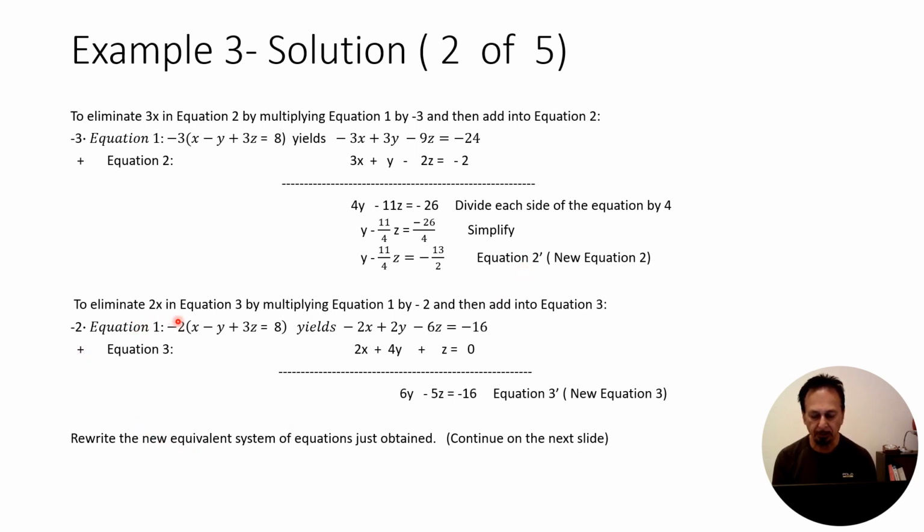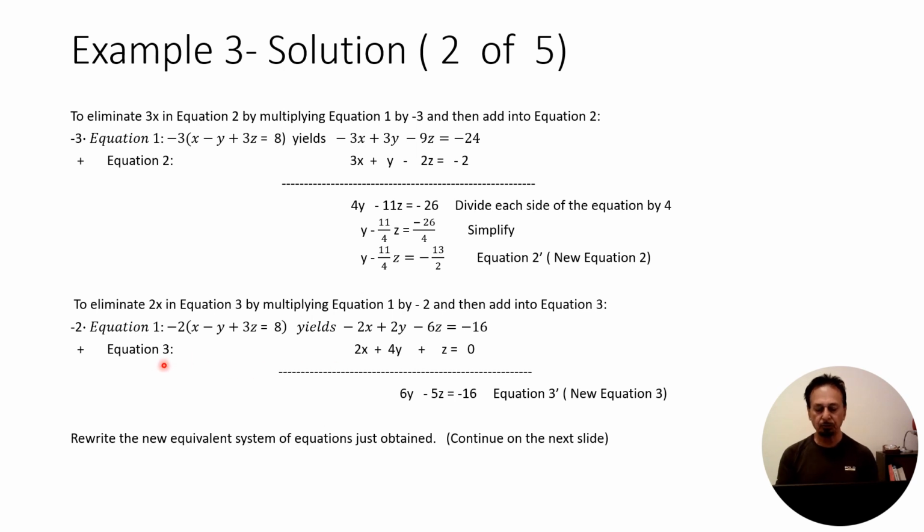Now we eliminate 2x in equation 3, and we multiply again the equation 1 by negative 2 and then add it to equation 3. So here we have minus 2 times equation 1, which is x minus y plus 3z equals 8. And this yields minus 2x plus 2y minus 6z equals minus 16.